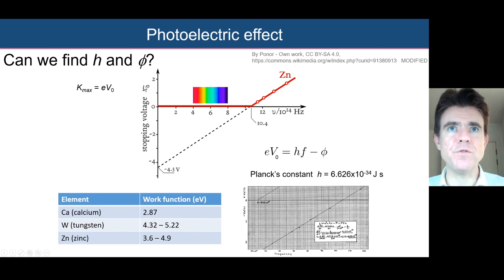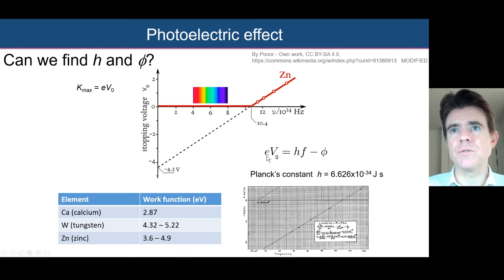So if we've got V0 on this y-axis, then over here we could do h divided by e, and that would be the gradient of the frequency f minus phi divided by e. It depends how you choose to do your linear plot.